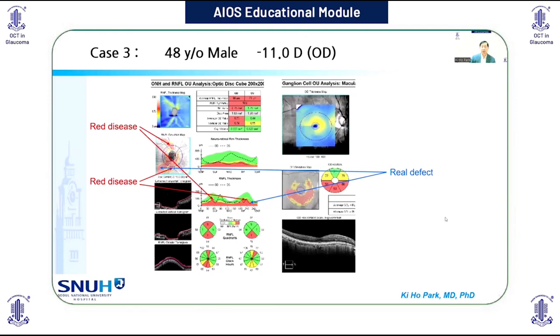And you can see the temporal raphe sign in this case as well. So even though the RNFL photography quality is poor, in this case, we can have the inferior temporal RNFL defect detected by spectral domain OCT.